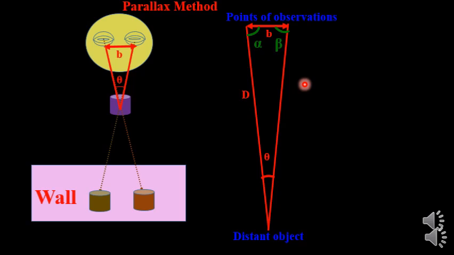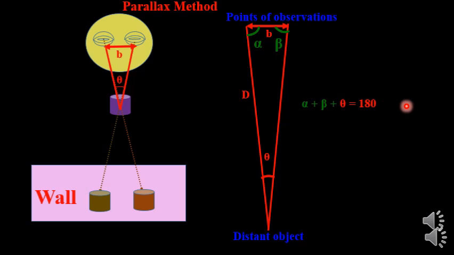We know that the total angle of a triangle is 180. So, alpha plus beta plus theta equals 180 degrees. After measuring alpha and beta with the apparatus, we can calculate the value of angle theta by using this equation.